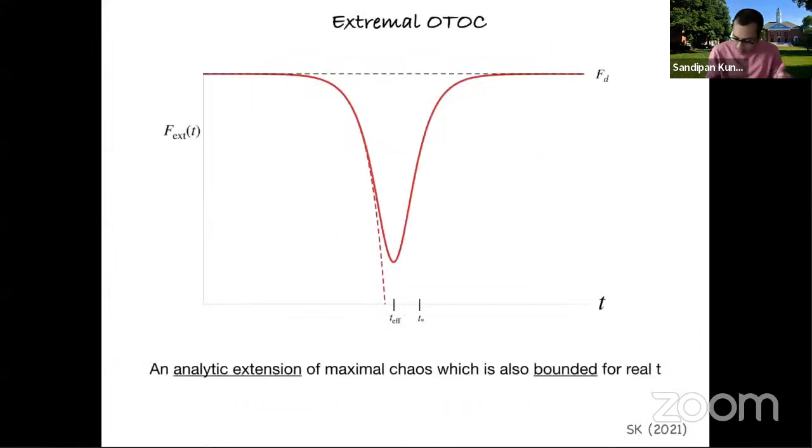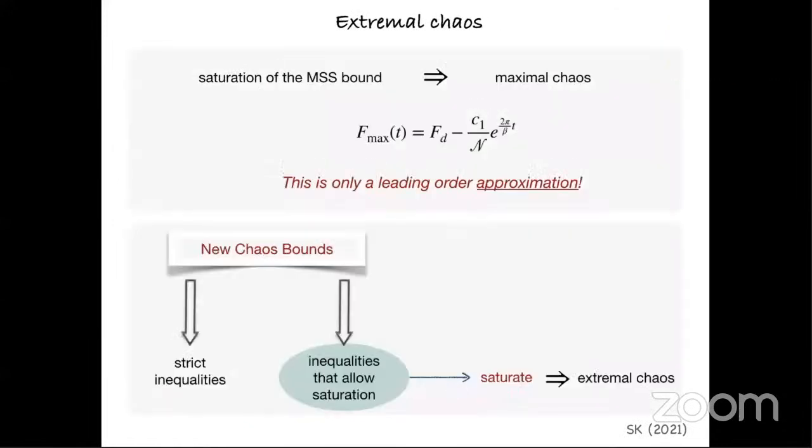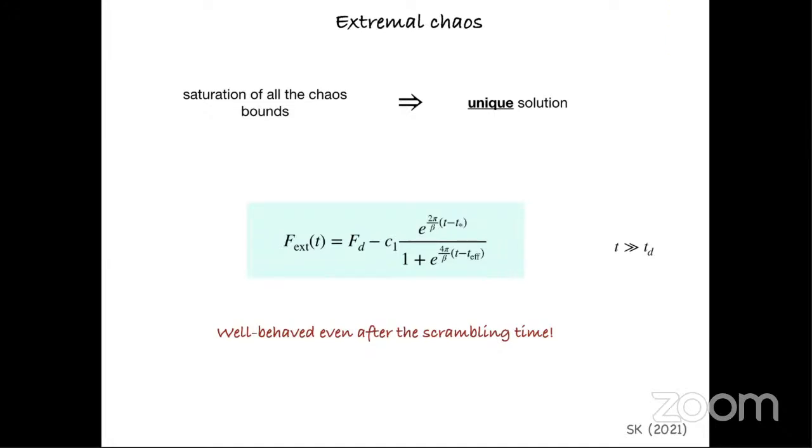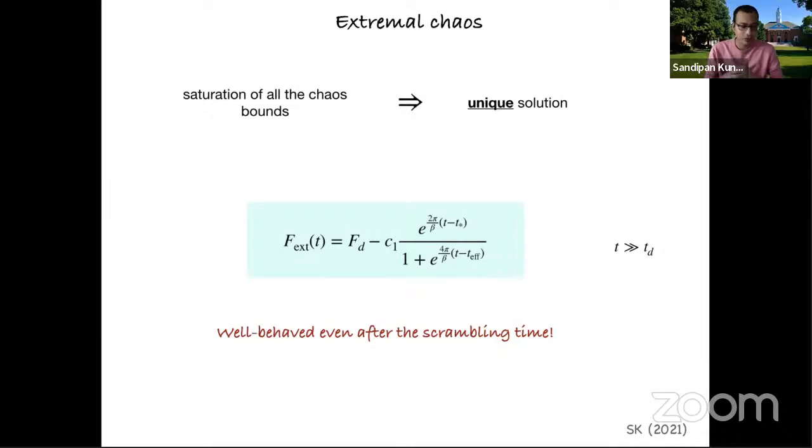Go back, I'll tell you. This or this one, you mean? This one, yes, exactly. So if I understand correctly, your question is how do I get this OTOC, because you are supposed to satisfy an infinite set of constraints, right? Exactly. That's why it's kind of surprising.